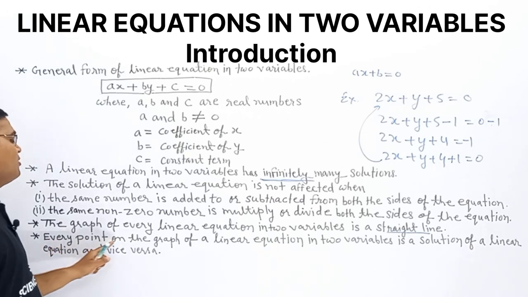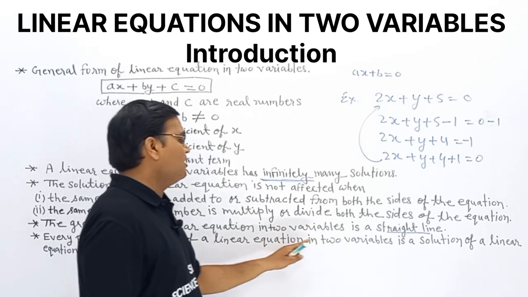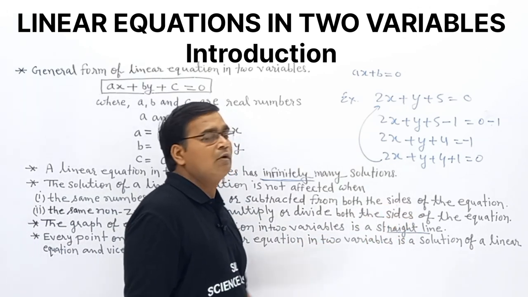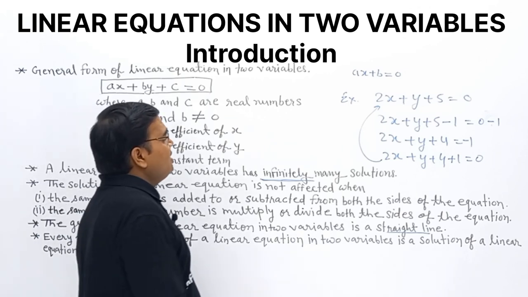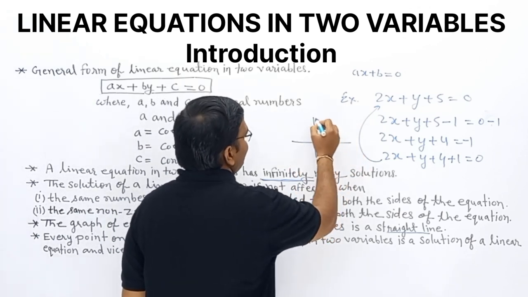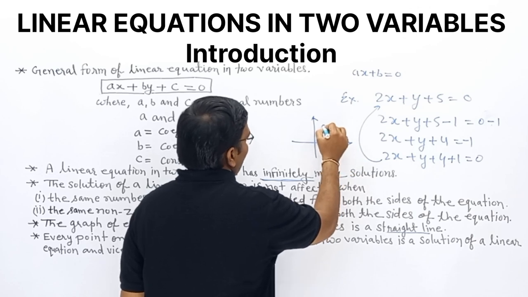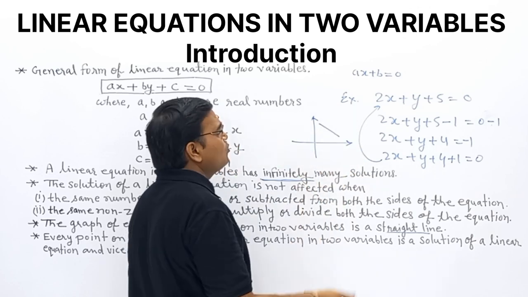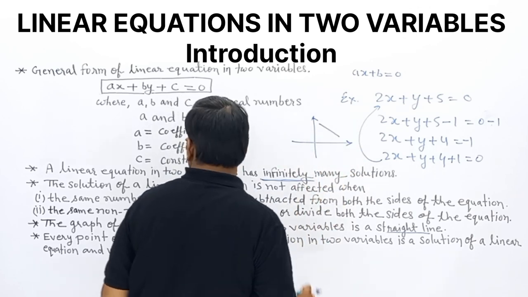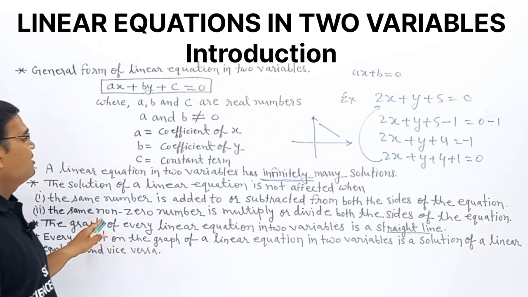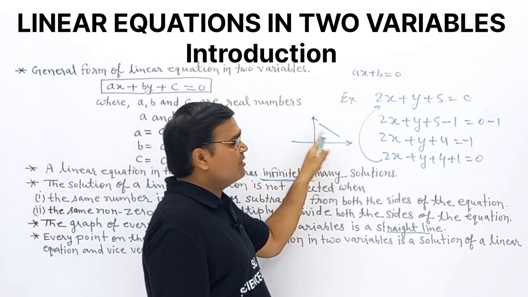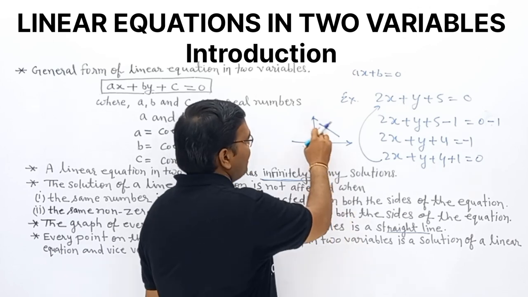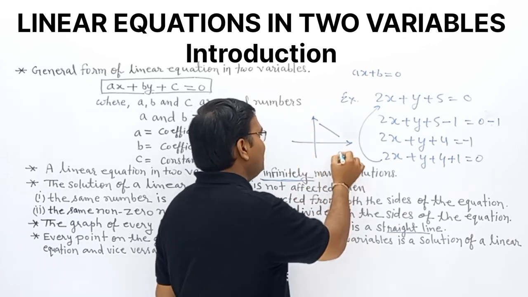Now every point on the graph of the linear equation in two variables is a solution of the linear equation. Like I am taking, I am having one linear equation in two variables, and we get the graph like this. Clear?